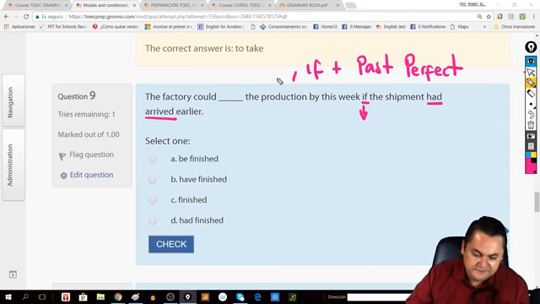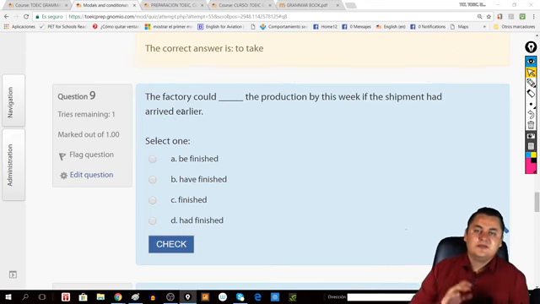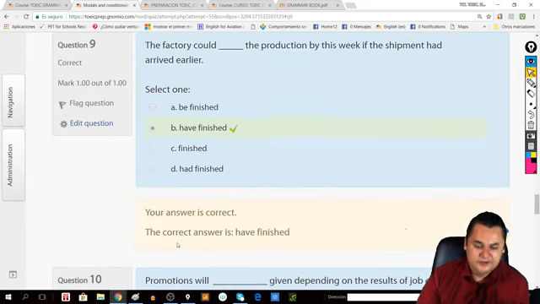That means the first part has to have a modal plus have plus past participle. So we can say that the factory could have finished the production by this week if the shipment had arrived earlier.